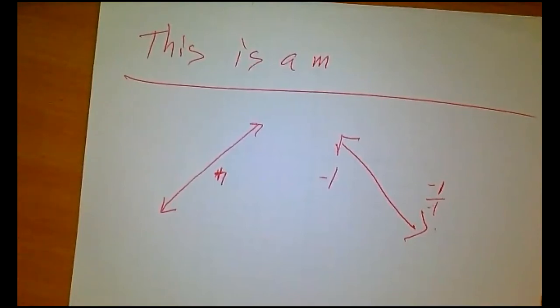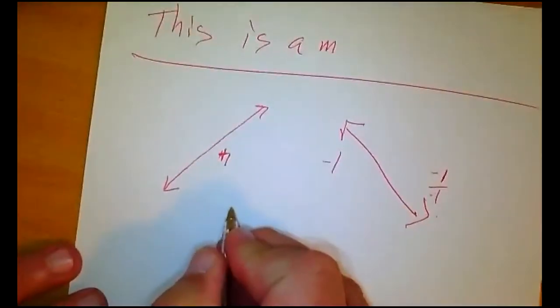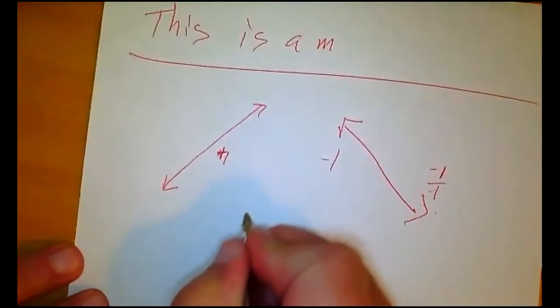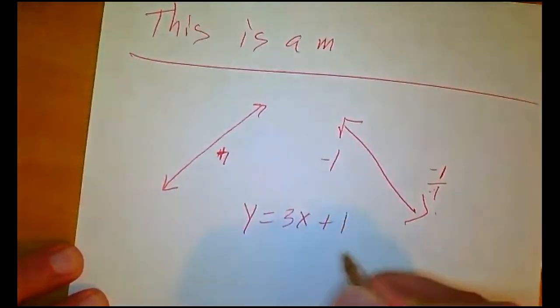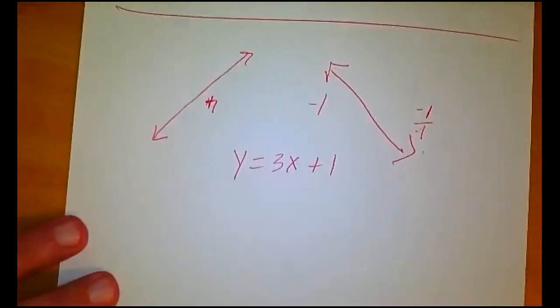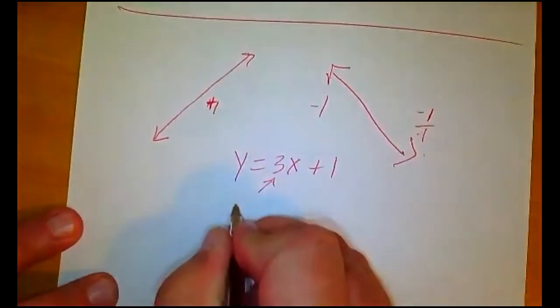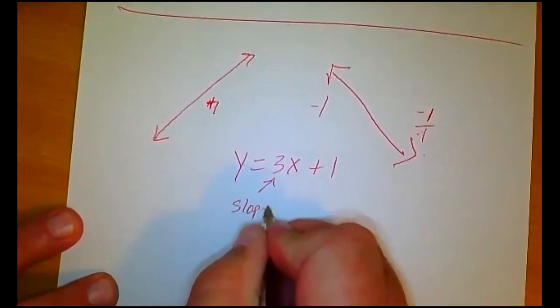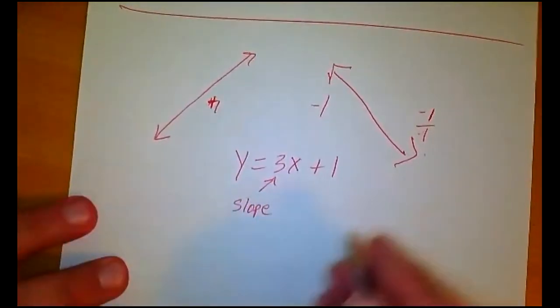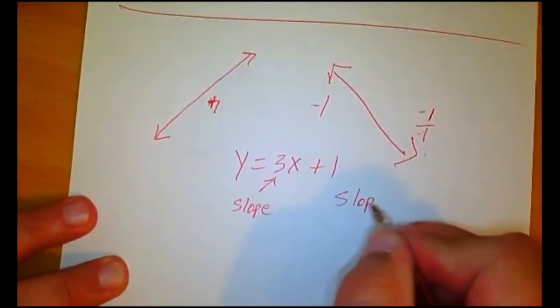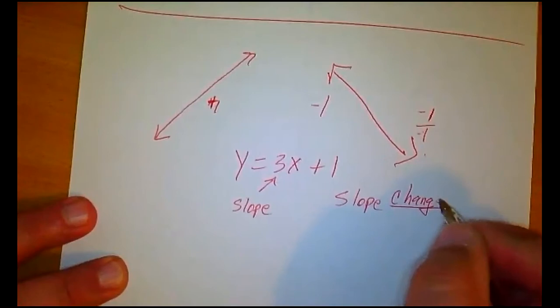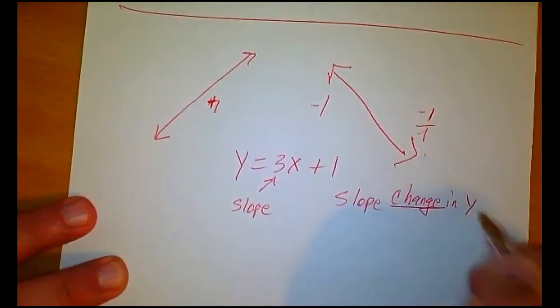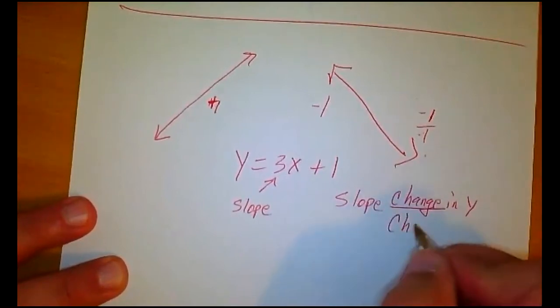All right. So if I see something that looks like this, y equals 3x plus 1, we need to remember that this number right here is the slope. Remember that slope is the change in y over the change in x.